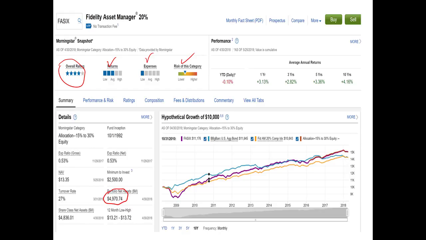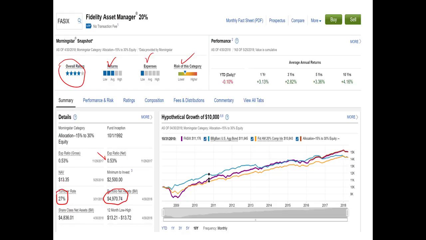What the fund company charges is about 0.53%. It has a turnover rate of 27%. That means year over year, about 27% of the portfolio turns over. What the fund managers elect to buy and sell is about 25% of the total fund per year.